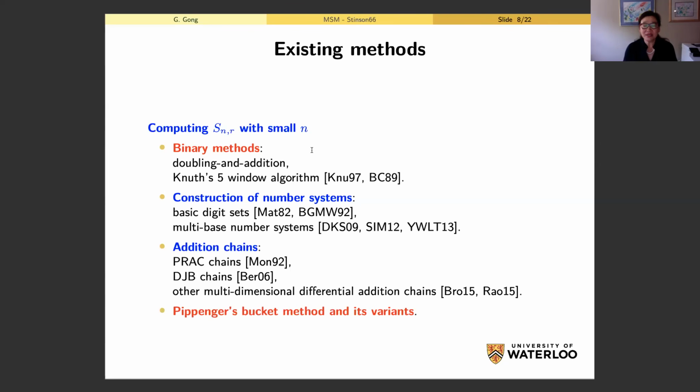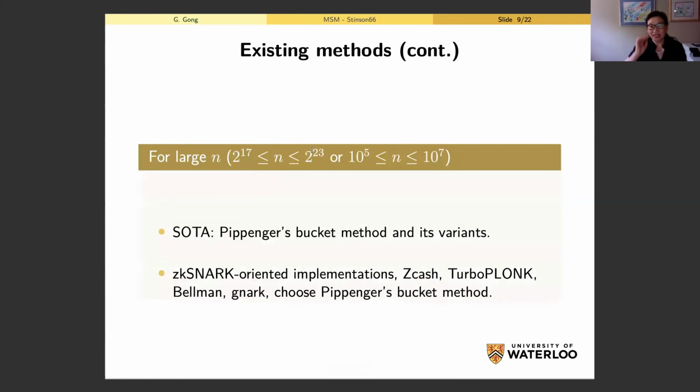Then here comes what's called Pippenger's bucket method, and its variants. This one can do small n and also big N. Let us look at this in more detail. For large N, in the range of 10 to the 5th up to 10 to the 7th, we looked at the literature and found Pippenger's bucket method is still the state-of-the-art algorithm, meaning the most efficient implementation method.